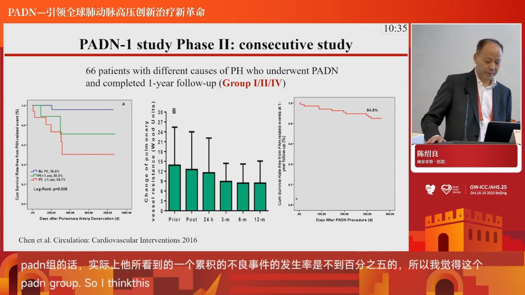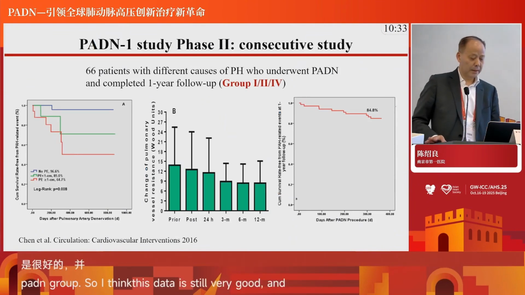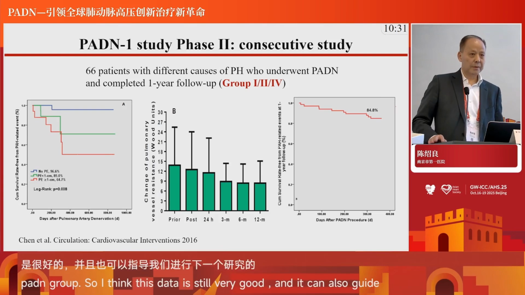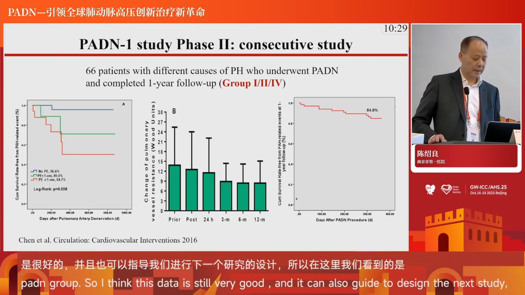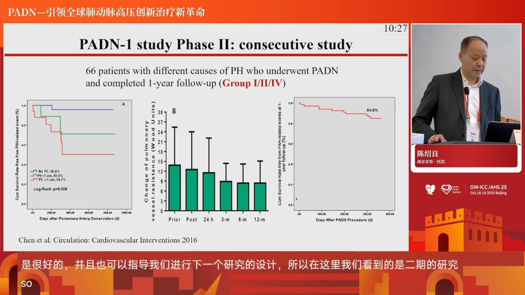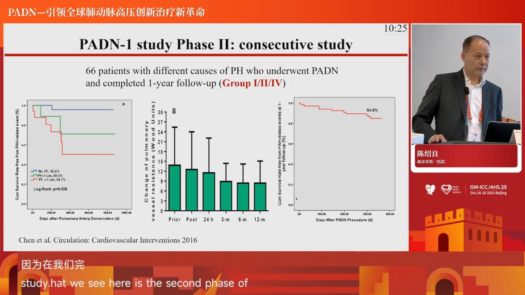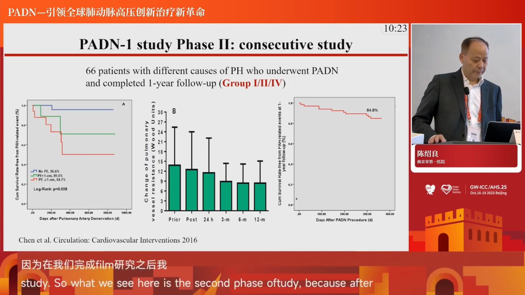Following that, we did our PADN-1 study phase 2, because once we had finished the first study, we tried to assess the effectiveness of PADN for different etiologies of pulmonary hypertension.